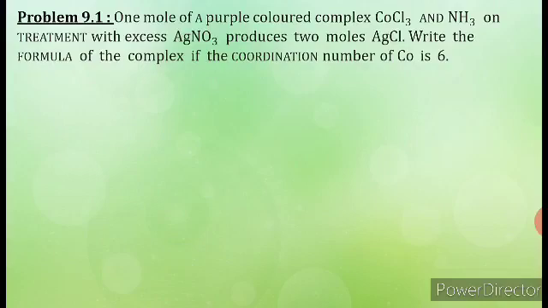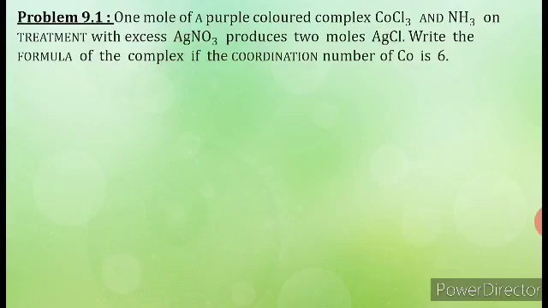When we treat this purple colored cobalt complex with excess of silver nitrate, it produces 2 moles of silver chloride. And the coordination number of cobalt is 6. So what does it indicate? 2 moles of silver chloride are generated, means out of 3 chloride ions, only 2 chloride ions are free, which react with silver nitrate and produce silver chloride.